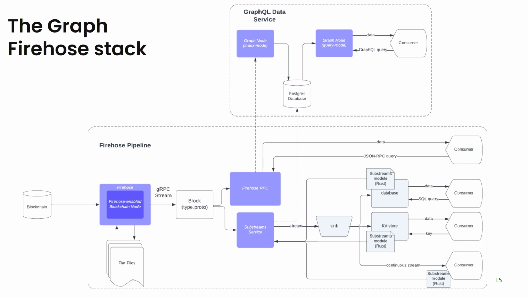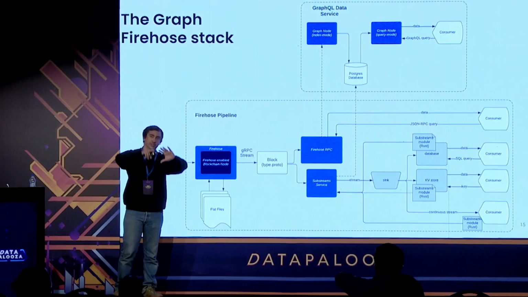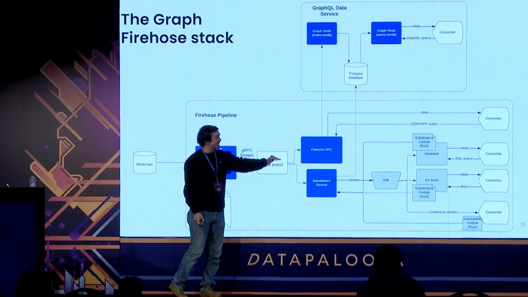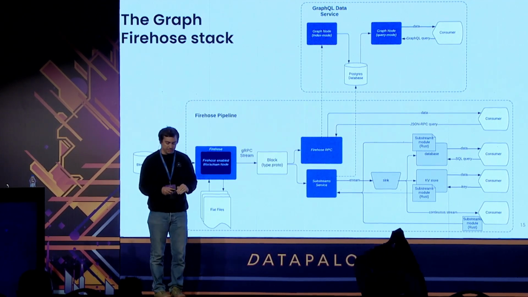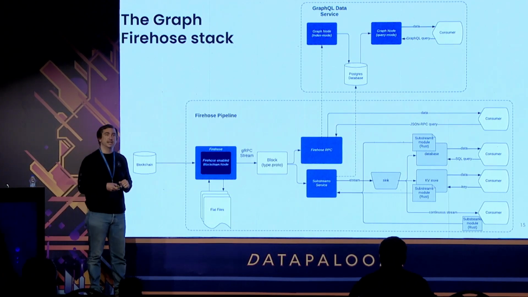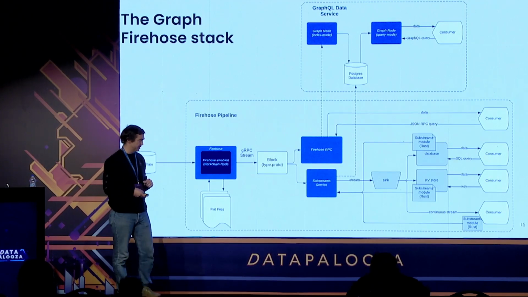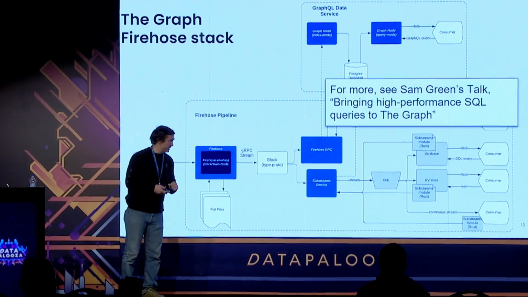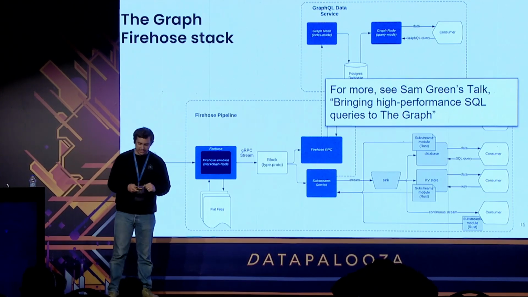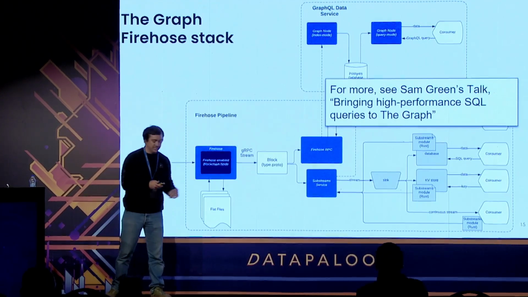For example, you can take these blocks and feed them into that original GraphQL data service, or in this vision of the world of data services, you can feed them down into any number of potential data services. And if you want to see an example of that, Sam Green has a talk coming up a little later about bringing, for example, SQL up as a data service. So he'll go into more detail on these downstream processes.